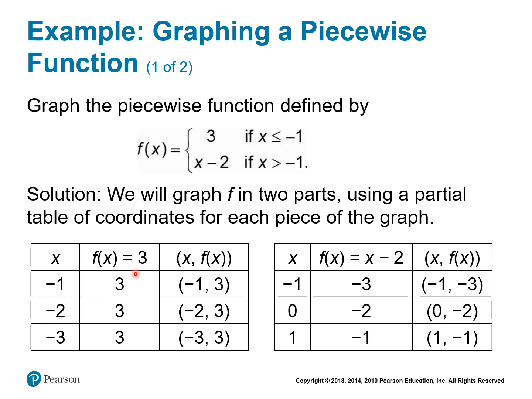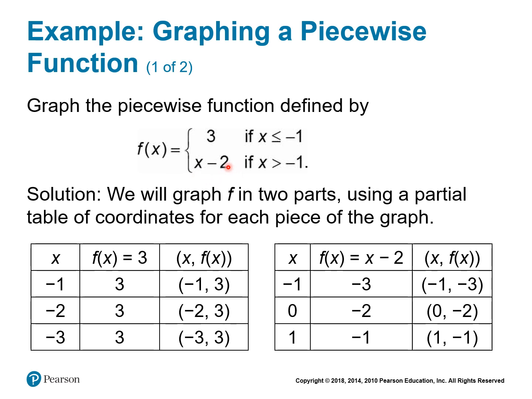So the first table corresponds to the top function, where it says if x is less than or equal to -1, then the corresponding function has a value of 3, which is a constant function. There's no equation here. If x is greater than -1, then we use this equation where f of x equals x minus 2.